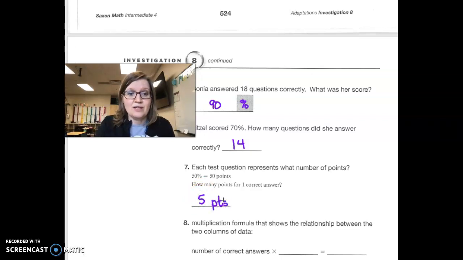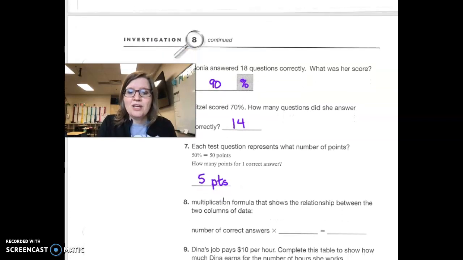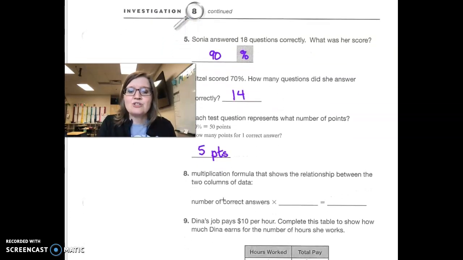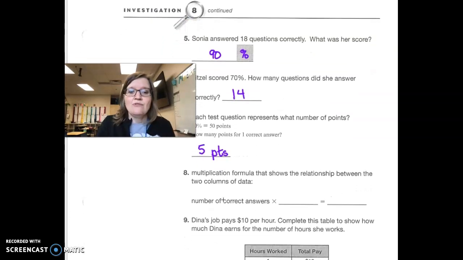And I'm just abbreviating, okay? The multiplication formula shows the relationship between two columns of data. For this situation, it would be the number of correct answers multiplied by 5 equals our score. Let that sink in for a little bit.